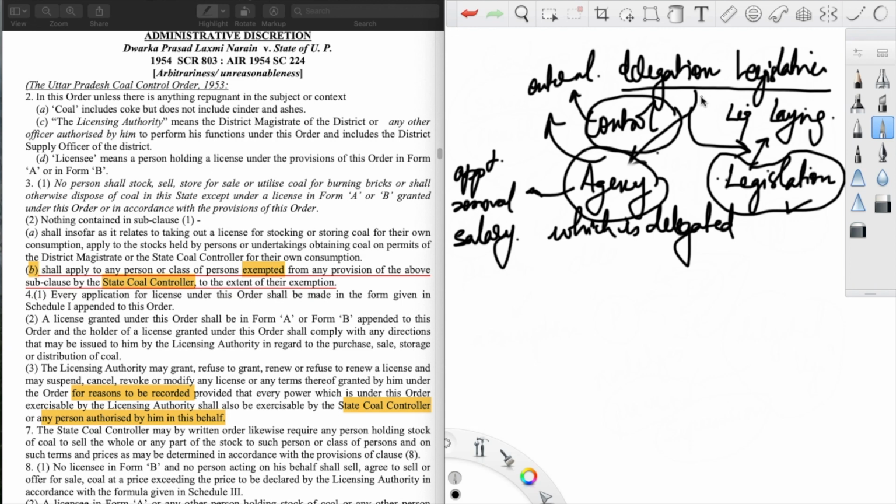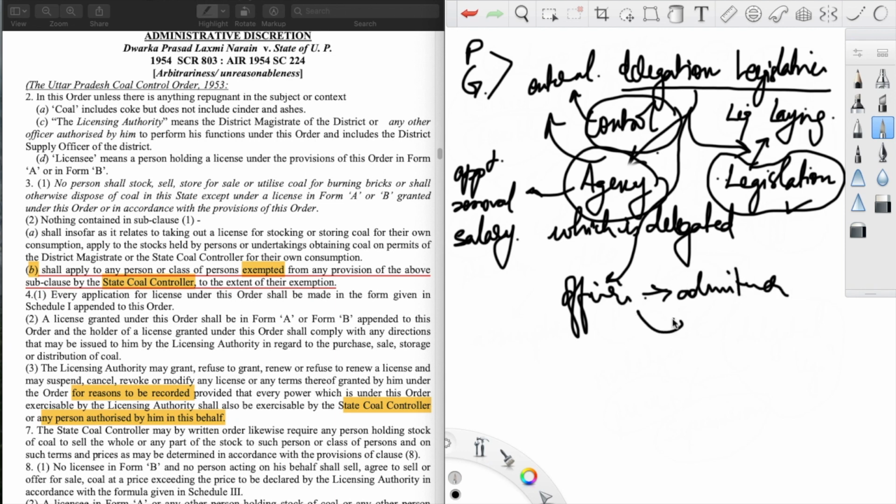In these delegated legislations also, for example, you have heard that the president has certain discretions, the governor has certain discretions, and they have been provided under the constitution. Similarly, the officers who are to administer are also provided certain discretionary powers.